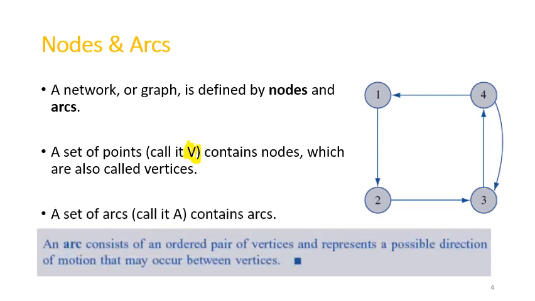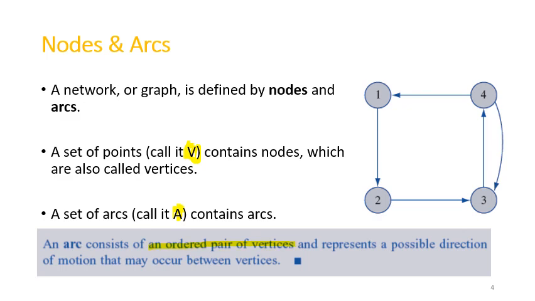And then we also have a set of arcs, and that set is called A, which contains arcs. So what is an arc? An arc is an ordered pair of vertices.